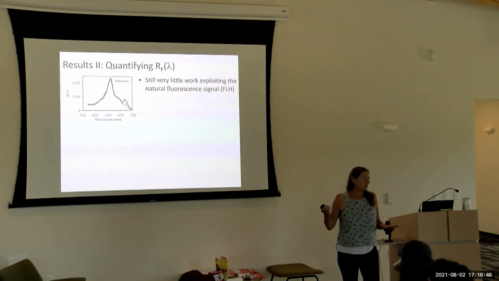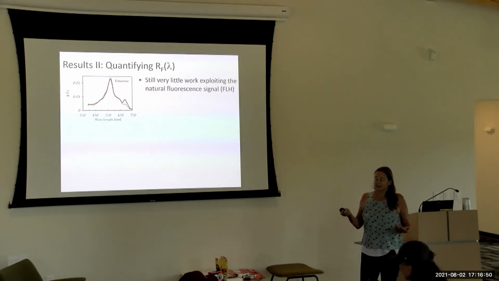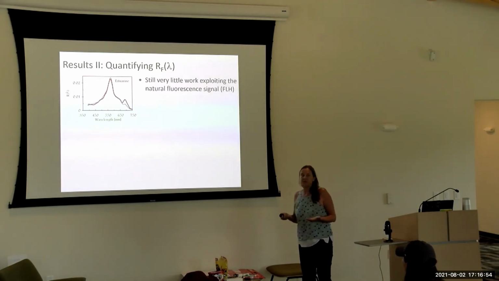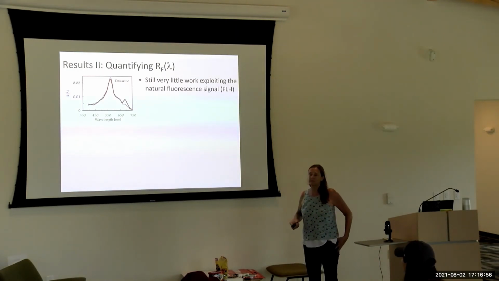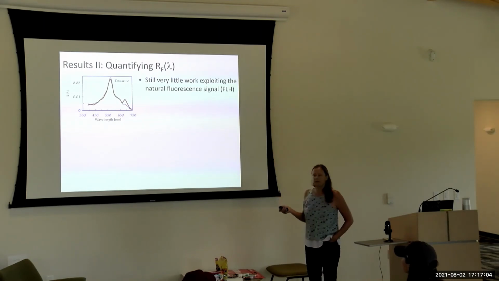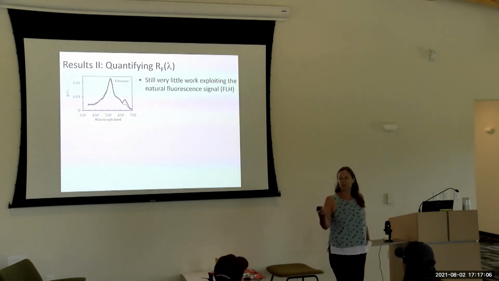And what's interesting about the fluorescent signal is, as Emmanuel mentioned, it is the only signal arising from the ocean that is only from phytoplankton. So that becomes really important. So what you see here is what the shape of the reflectance would be in the absence. And what were you surprised about?